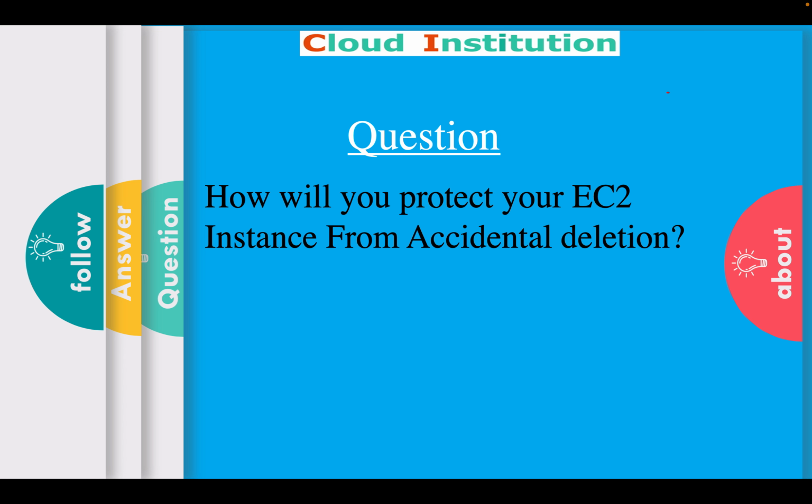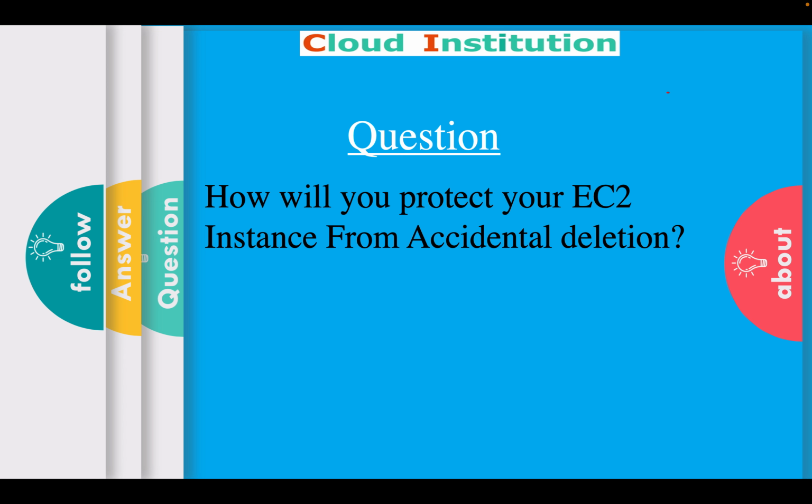By mistake, somebody could delete it through the AWS CLI, the console, Terraform or CloudFormation templates. Anybody can delete your instances by any chance. So how will you protect your EC2 instance from accidental deletion? The answer is by enabling the termination protection setting for your instance.